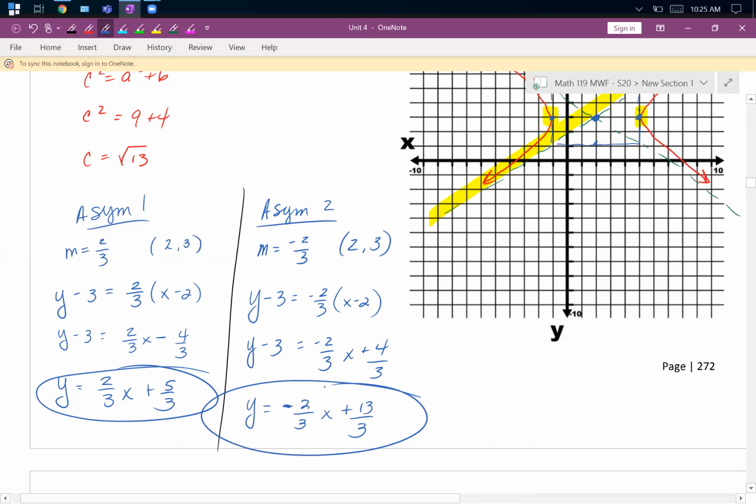We get y to be equal to negative 2/3 x plus 13/3. Questions at all on hyperbolas?